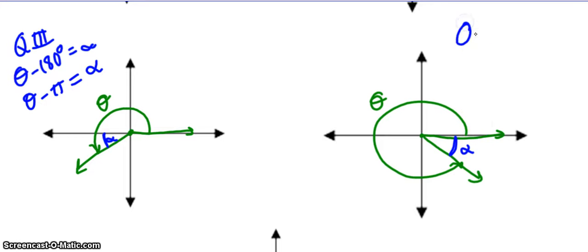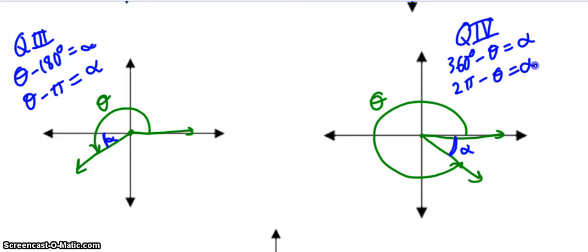So how do I find this angle though? I know that all the way around the circle is 360 degrees or 2 pi radians. So if I subtract theta from that, 360 degrees minus theta is going to equal alpha, or 2 pi radians minus theta is going to equal alpha.